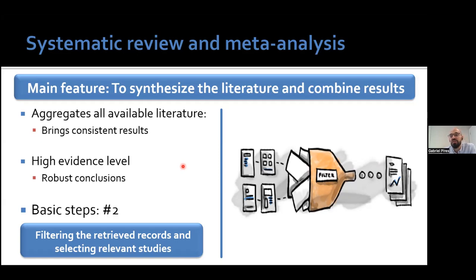Basically, every search strategy has to be sensitive, but they end up having a very limited specificity. So the filtering process, which we can call an eligibility process, or the application of inclusion and exclusion criteria, has the intention to filter those studies that are within our research question, within our research goals, and so on.